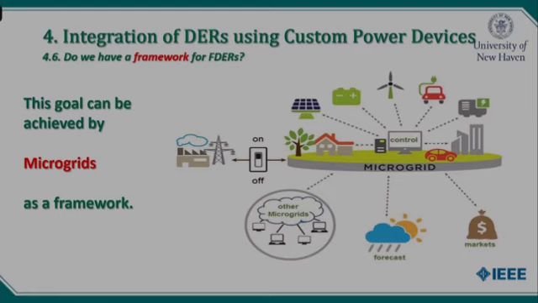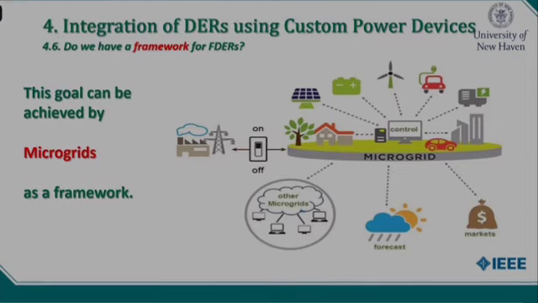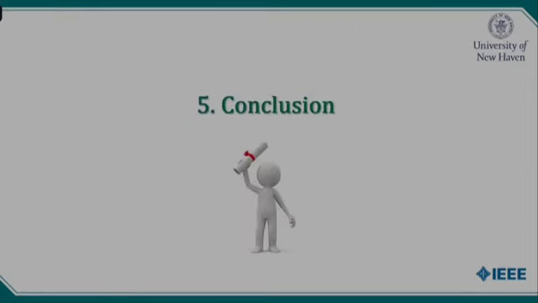If we have a microgrid, then we can have a control system, and based on this control system, as mentioned in the definition of flexibility, we can manage and control the customer side or supply side generation. Next slide, please.